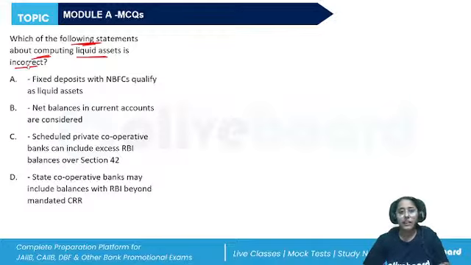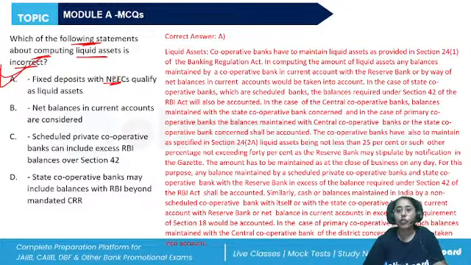Similarly, the scheduled primary cooperative banks in excess of the RBI balances. However, it will not include the fixed deposits with NBFCs. All right, so the fixed deposits with NBFCs do not qualify as the liquid assets of the cooperative banks because they are fixed.